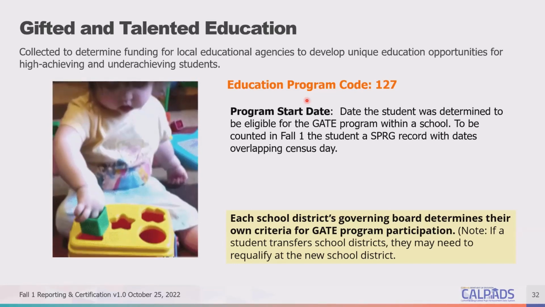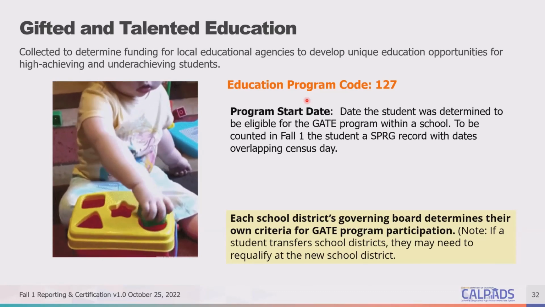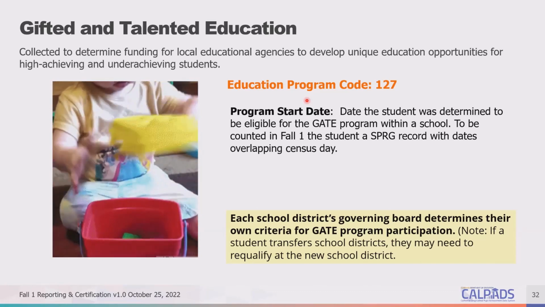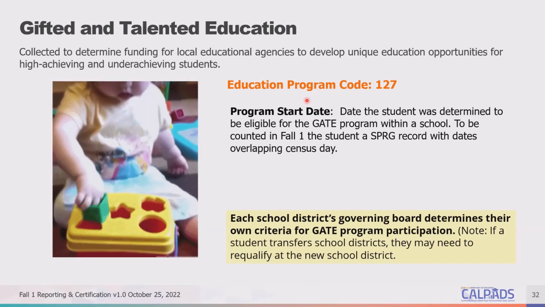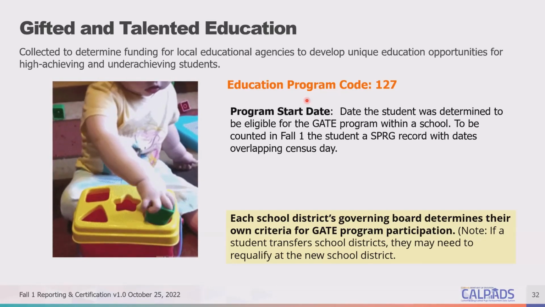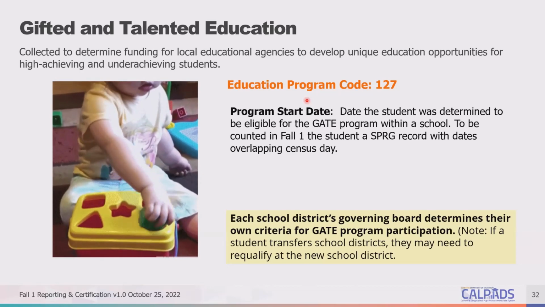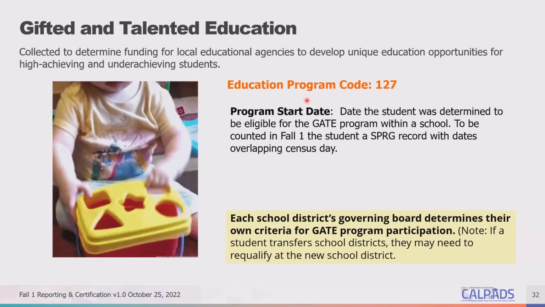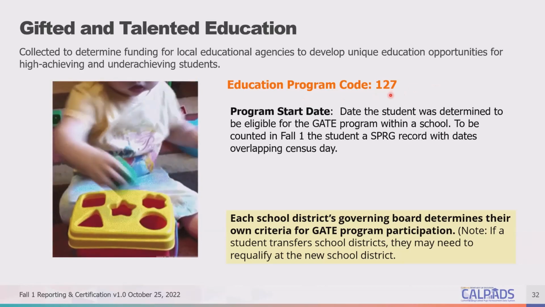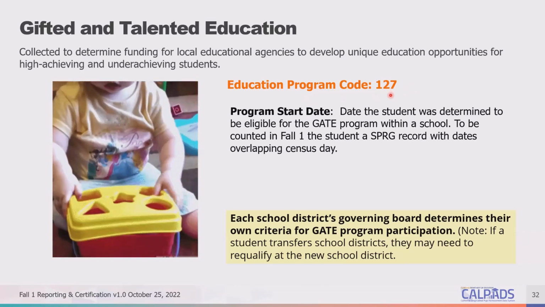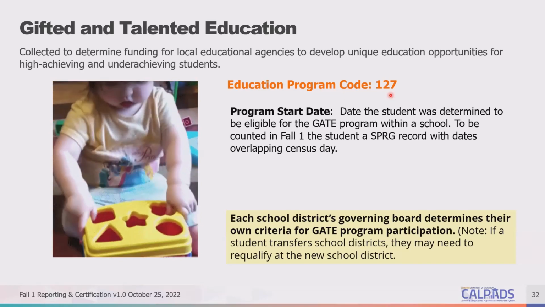You still have to test them for GATE, right? So it's just like an audition period. But anyway, for GATE, you have to report them to CalPEDS with a program 127. The program can roll over from one year to another as the student is still eligible.